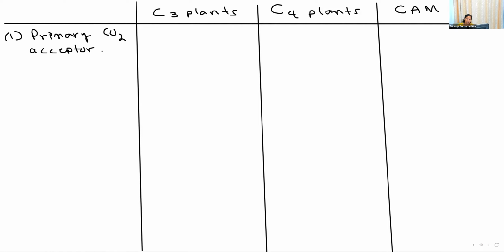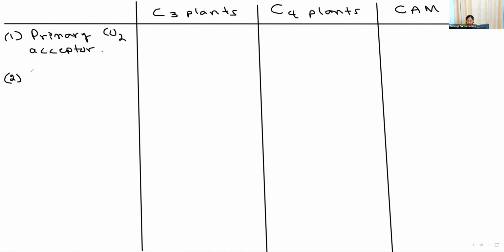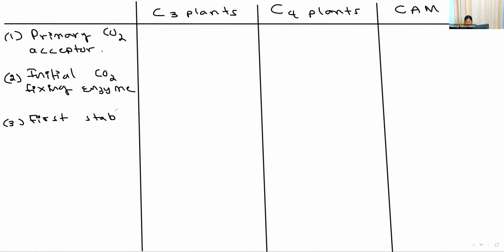So what is the primary carbon dioxide acceptor, RuBP or PEP? Let's do the initial carbon dioxide fixing enzyme. You have two options, PEP carboxylase or Rubisco. What is the first stable product?